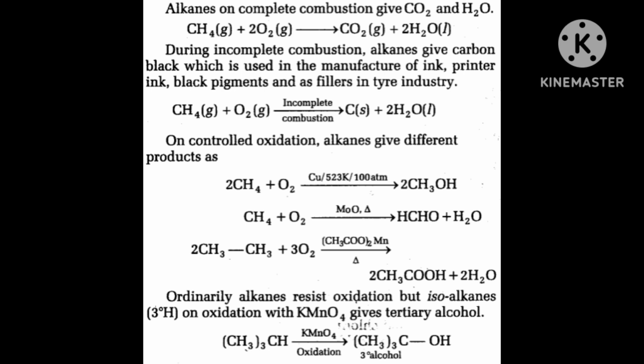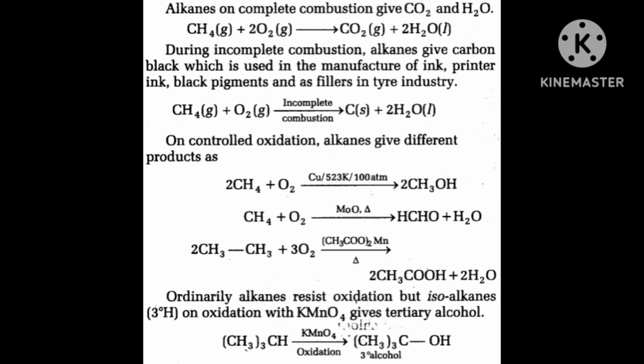Then 2-methyl propane plus KMnO4, potassium permanganate, whose condition is different. Oxidation will take place. Now it was CH, and CH became COH because of oxidation, with one O introduced. It became (CH3)3COH, so 2-methyl propan-2-ol, with the OH group, which means alcohol.